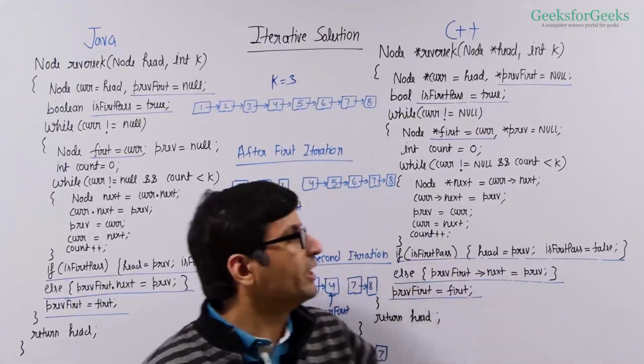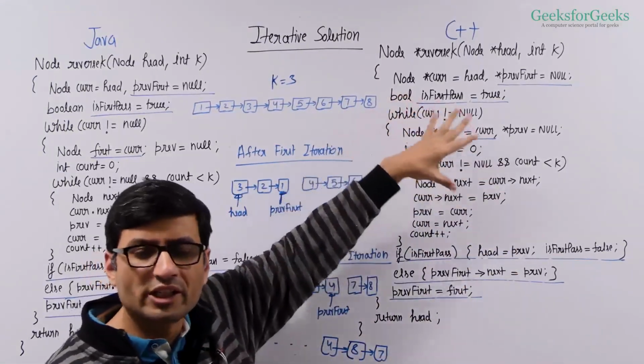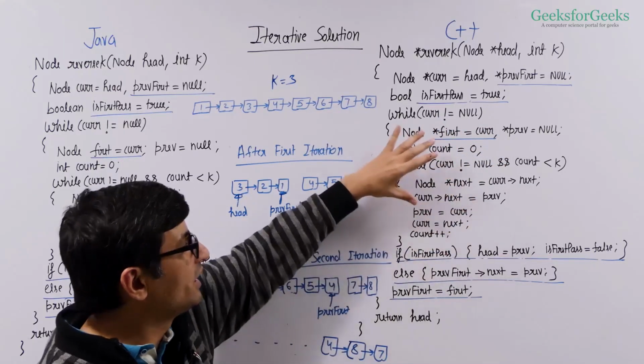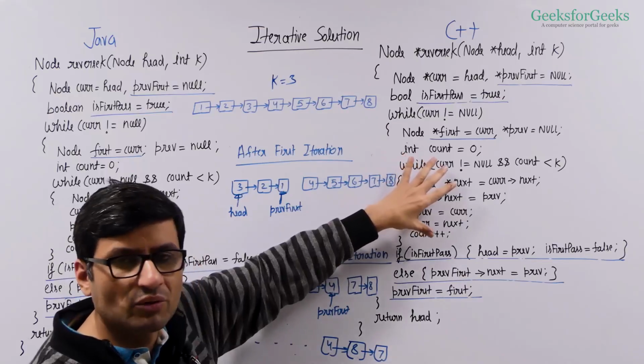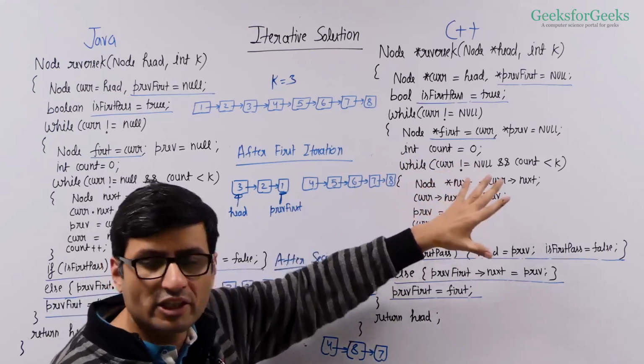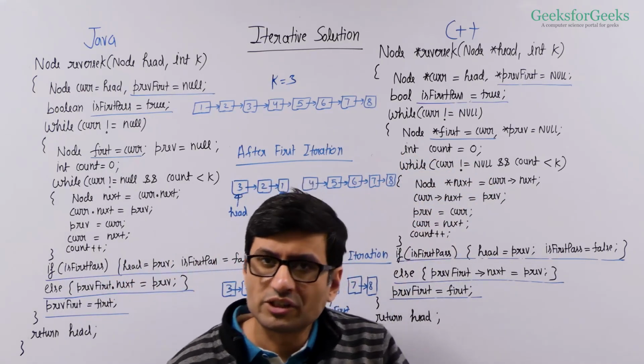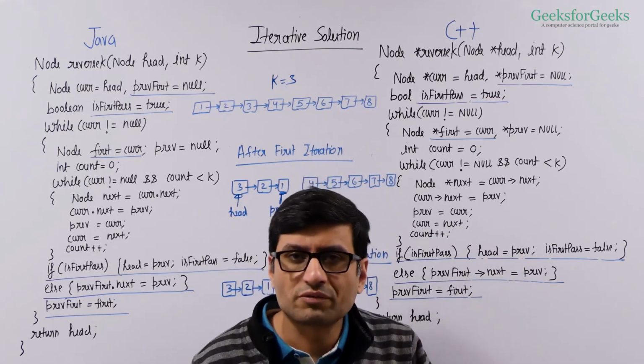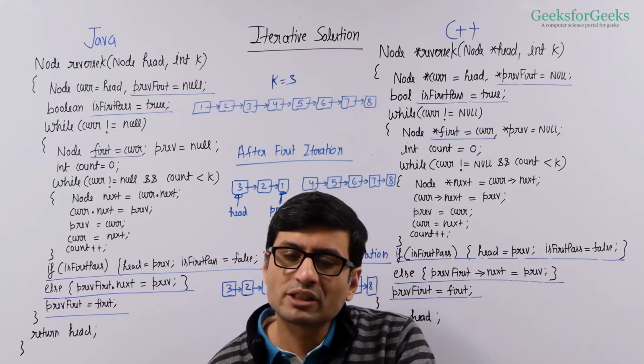We run a main loop that runs while current is not null. Inside this loop, we have multiple passes. In every pass, we reverse the k nodes or we reverse the nodes while current does not reach null. If it is the first pass, then we set the head. If it is not the first pass, then there must be a previous pass.